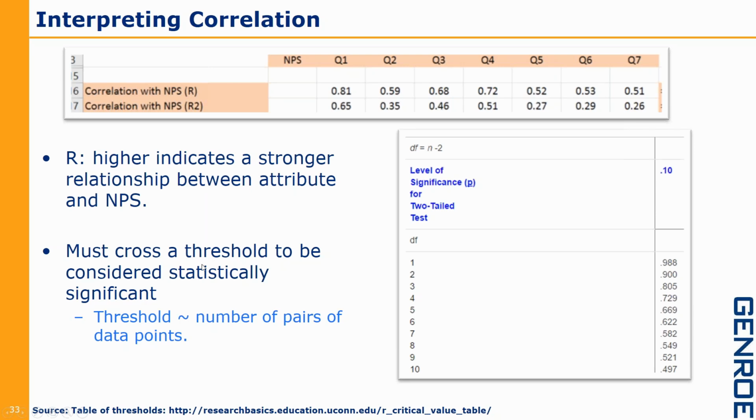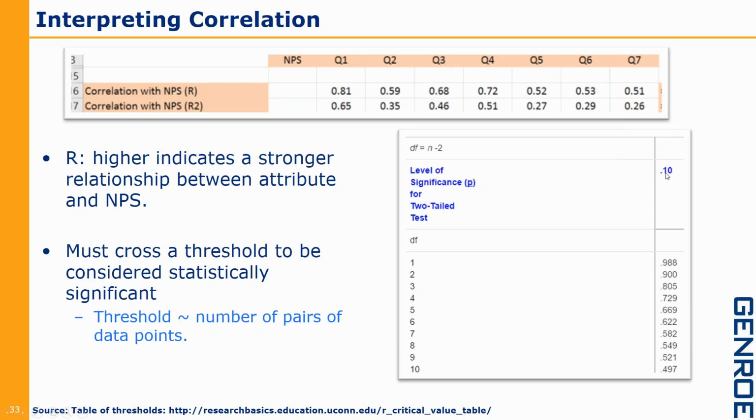And it really needs to cross the threshold to be statistically significant. There's actually a chart, it's in the link here. To be significant in a statistical sense, this R number needs to go over this threshold number that's in this chart. Don't worry about how the chart comes about, just use it as a reference guide.